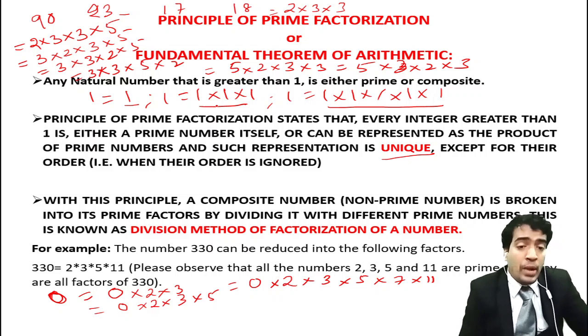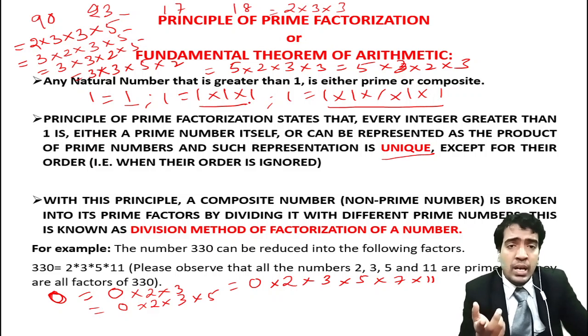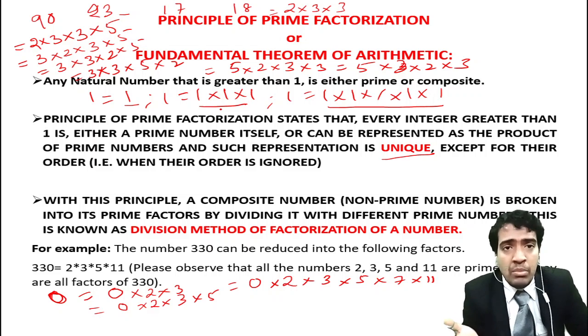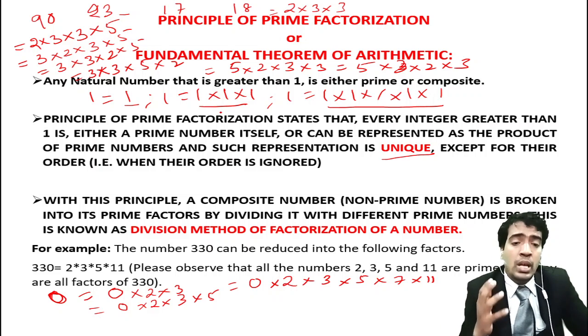So you can say 1 is a factor, 1 is a factor, 1 is a factor, but you cannot count 1 more than once. And then it says that it can be represented as a product of prime numbers, and 1 is not a prime number. Even assuming but not admitting that 1 is a prime number, such representation is not unique.